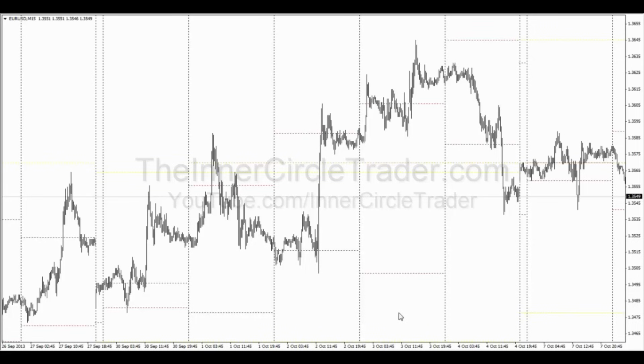But because I have framed it with an average of 100 pips on a daily basis, 1/3 of that is about 30 pips.